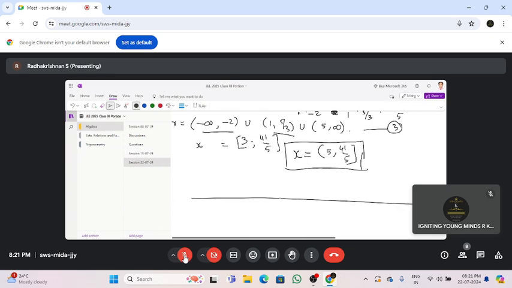Okay. So here is minus 2 and here is 1, 5/3, 3, 5. After 3 comes 5, sorry. So the first one is this: minus infinity to minus 2, next 1 to 5 by 3, next 5 to infinity, and 3 to 41 by 5.